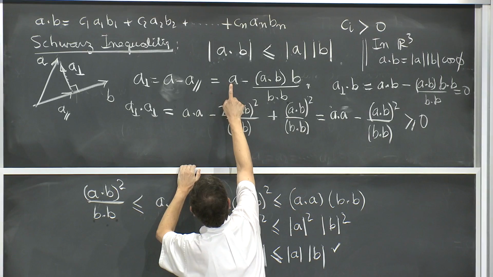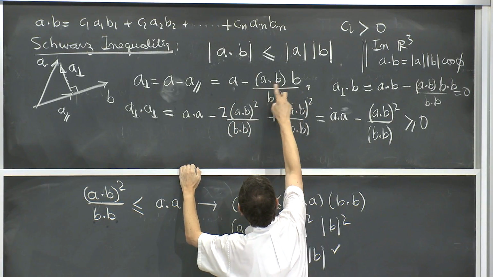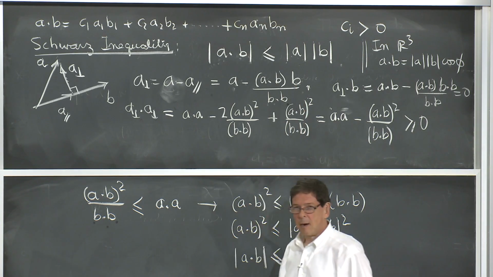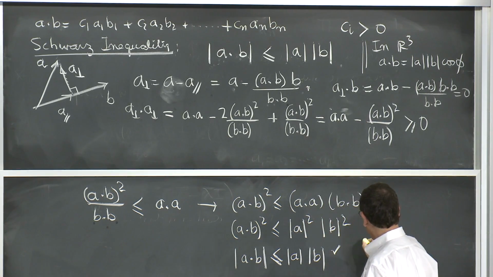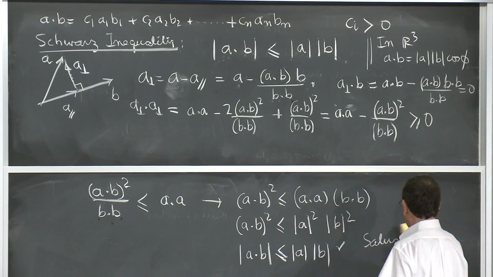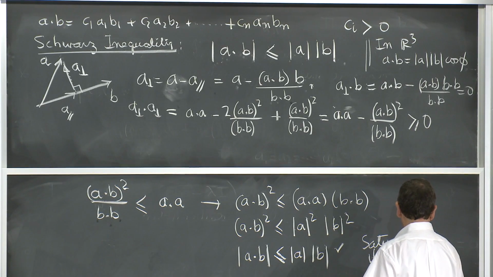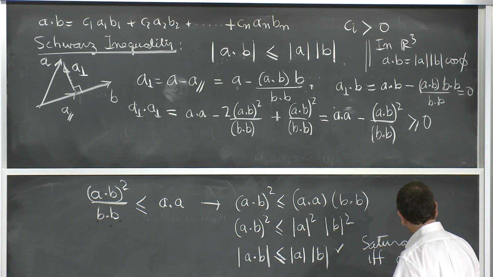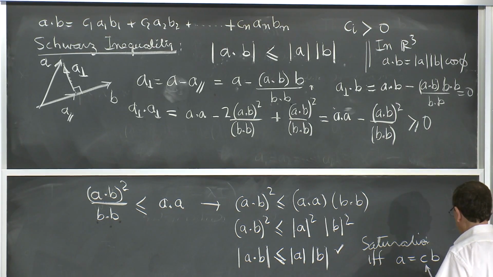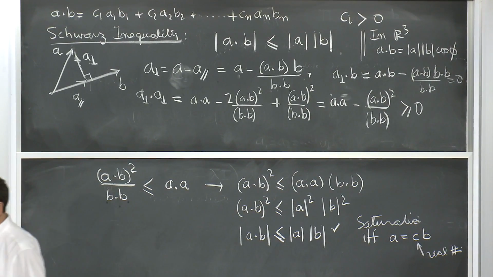And the vector A perp being 0 means that A is actually up to a number equal to B. So A and B are parallel. So saturation happens if and only if A is some constant times B, a real number.